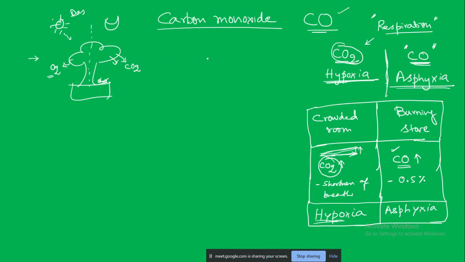Yes, sir, a slightly sour taste, because carbon dioxide will react with water to form carbonic acid, correct? When you say acid, a little bit of sour taste will be there. But carbon monoxide does not taste sour.